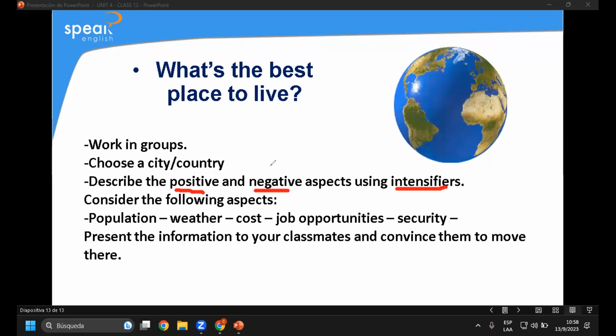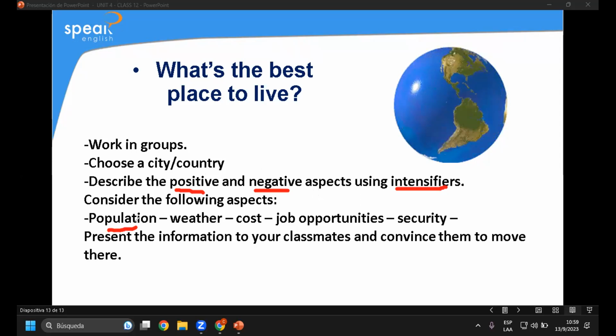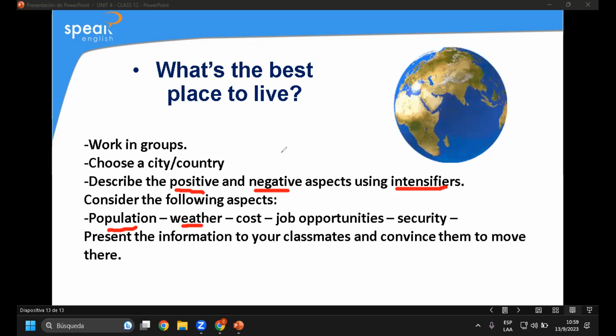Then you have to tell me some different aspects. Remember, if you are going to choose the best place to live, you have to consider some aspects. For example, population: is it a very crowded place or not? You have to consider the weather. Does this city have nice weather or not?